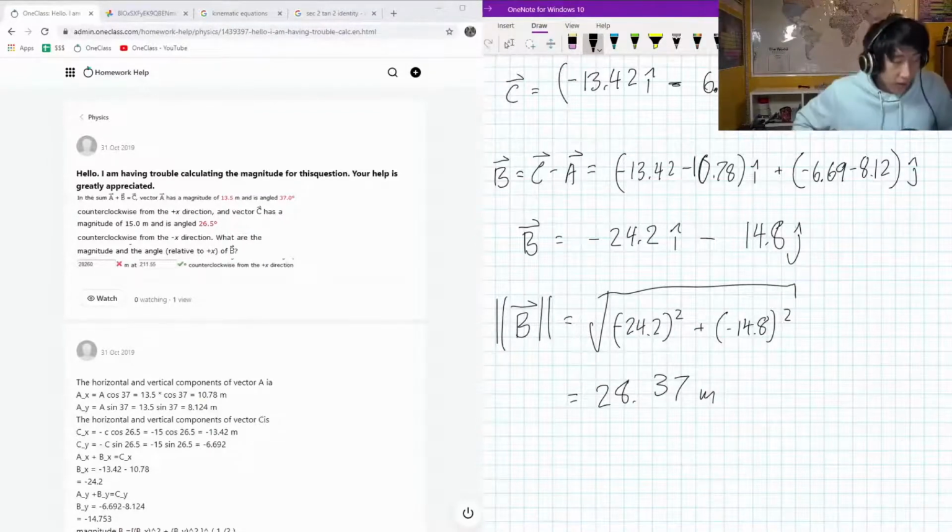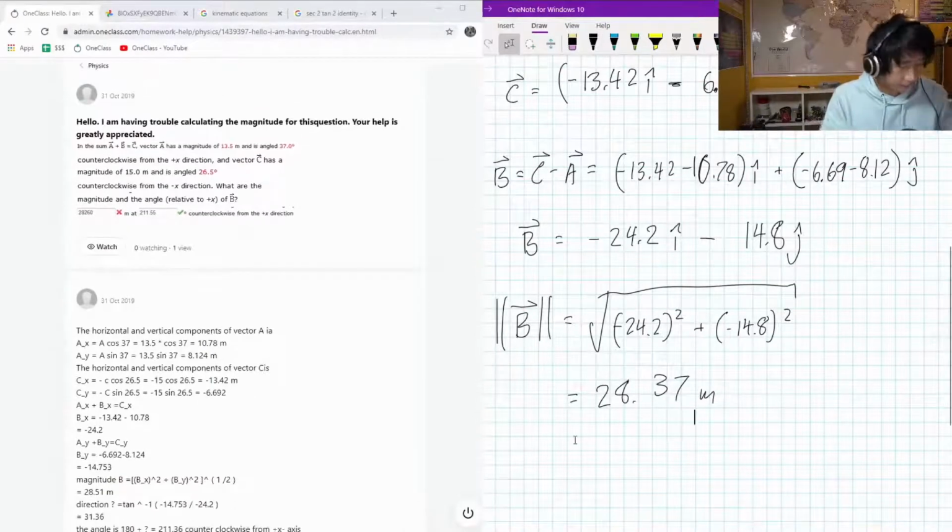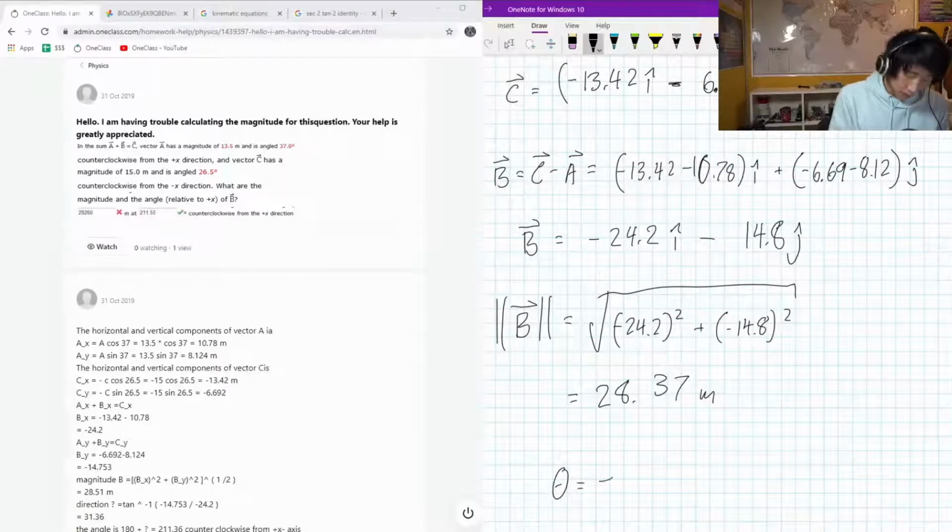And to find the angle, we have to find the inverse tan of this. So the inverse tan is going to be the y component divided by the x component. So the y component is negative 14.8 and the x component is negative 24.2.